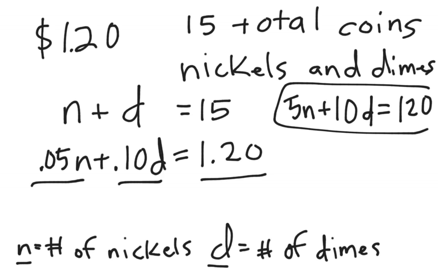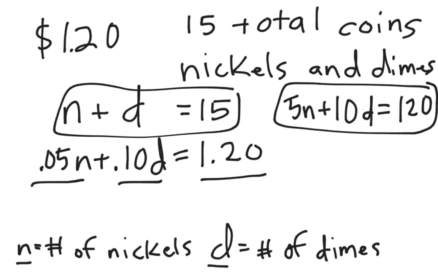This equation is easier to work with because we don't have decimals floating around. That's also going to make it easy to use the elimination method. To finish this problem, we should probably have more space on our screen than this.